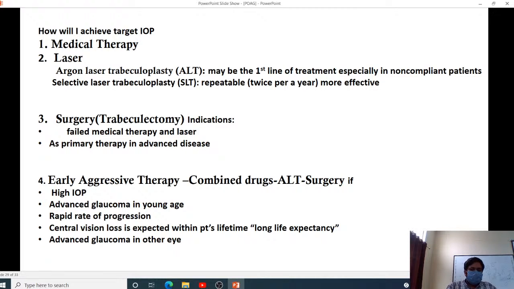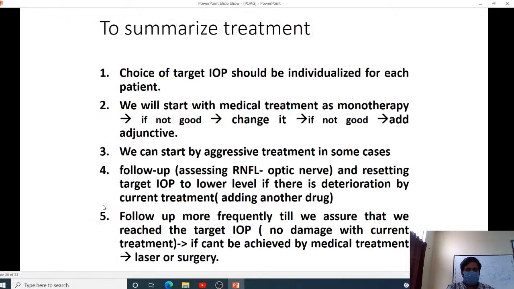So the early aggressive therapy is where we use combined drugs and argon laser if the target IOP is very high and there is rapid progression. These are all the same indications I told you previously.